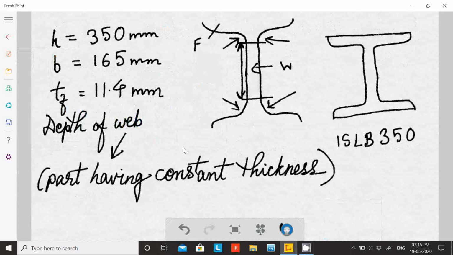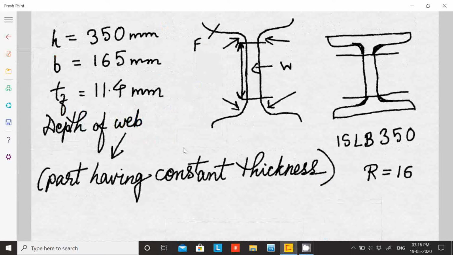The remaining parts are the curved parts, so we have to subtract these curved parts also. That curved part is nothing but the radius of the root, termed as r, which is equal to 16 in this case.